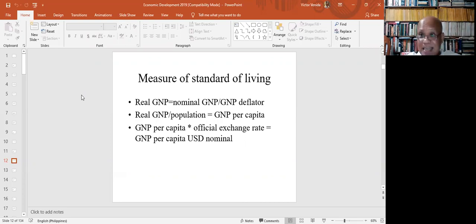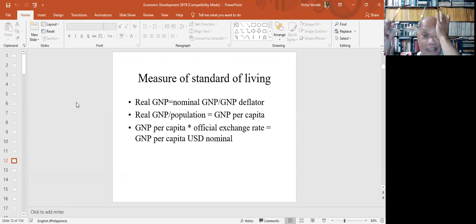And this is the GNP that one uses for long-term comparison. So if you'd like to make a comparison of the GNP of the Philippines from 1990 to 2020, you have to look at the real GNP, or what is classified as GNP at constant prices of a certain base year.